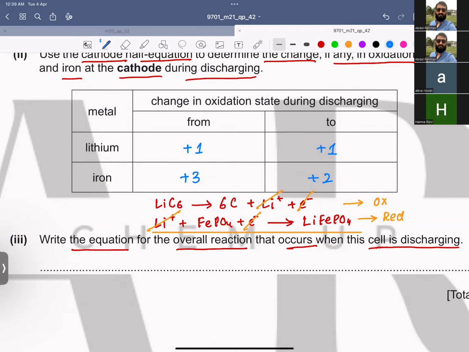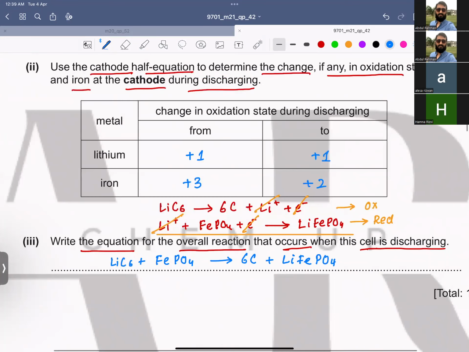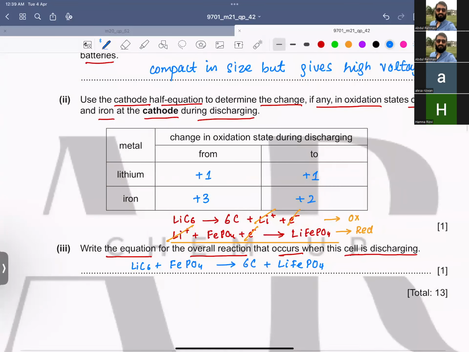Now what I am left with, LiC6 reacting with FePO4 forming 6 moles of carbon and LiFePO4. Is this understandable? Yes, yes, sir.